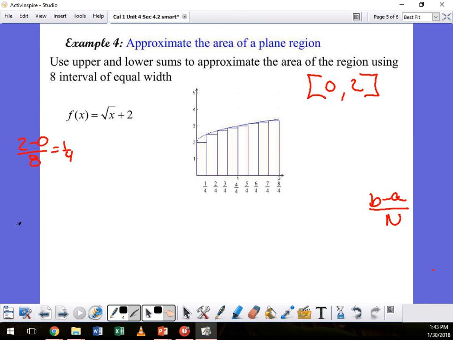My first interval would be from where to where? 0 to 1/4. My next interval, 1/4 to 2/4, or 1/2.